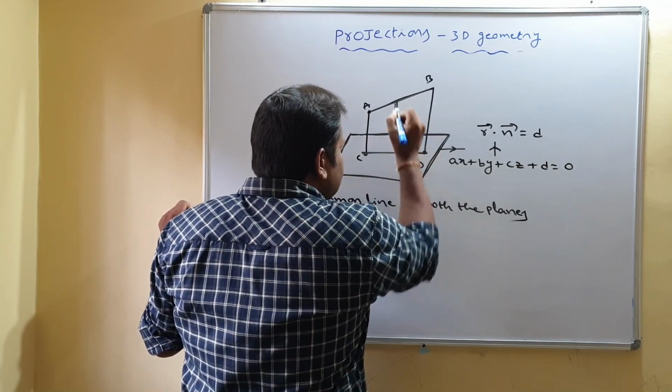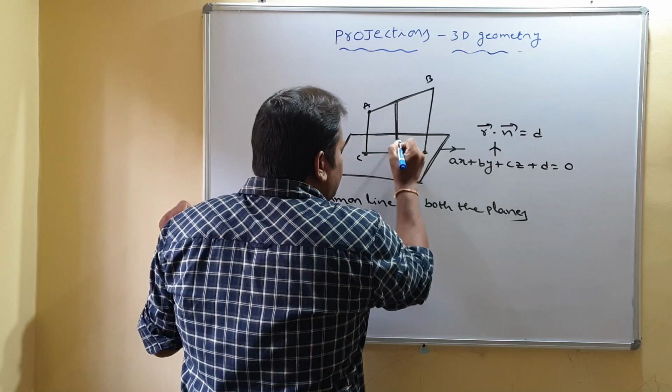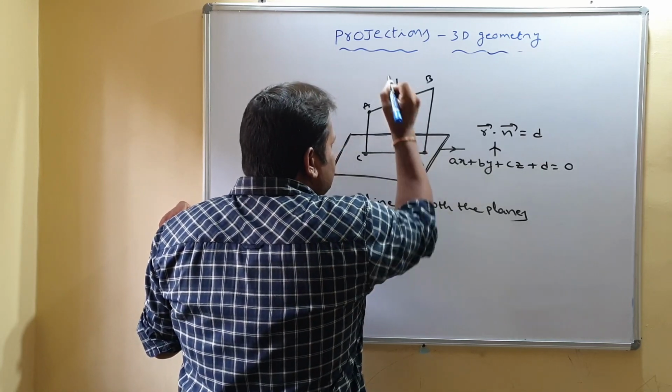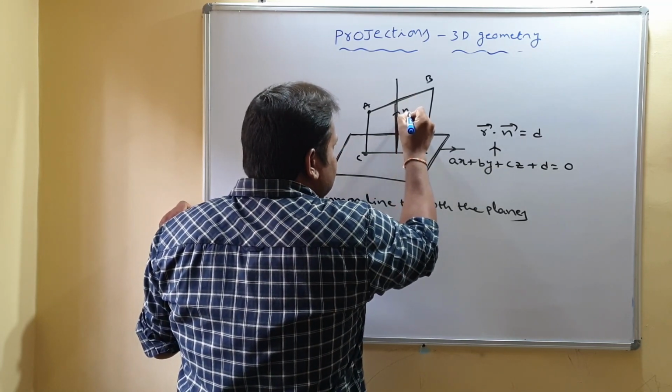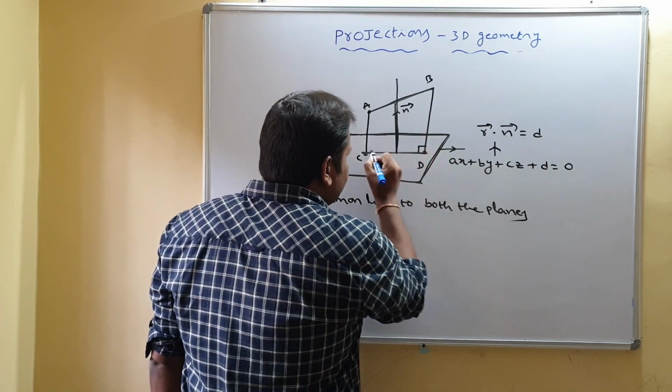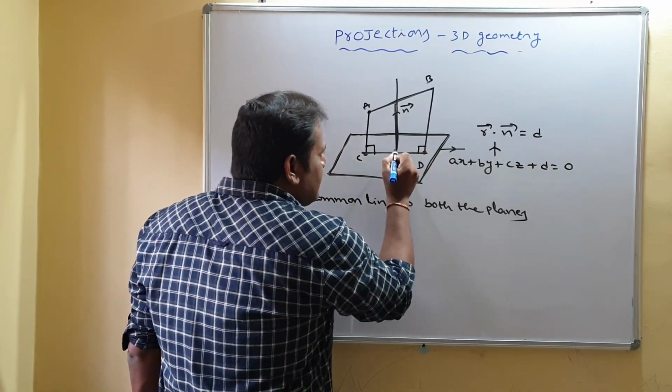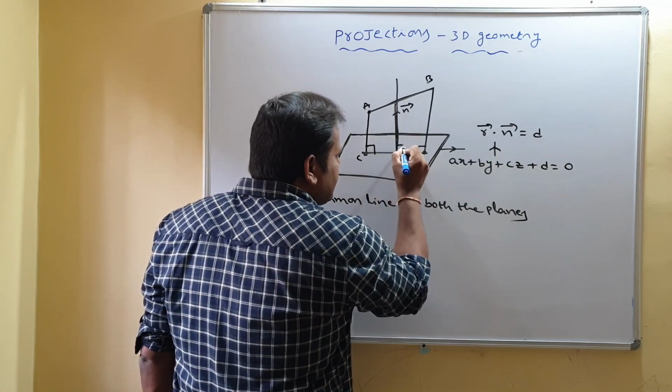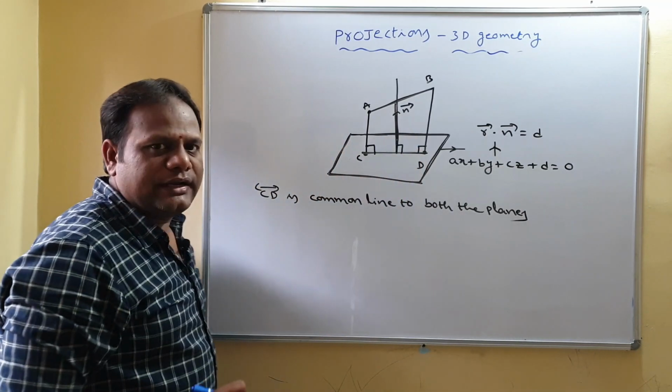So this vector is the n bar vector. Already you know this is 90 degrees, and it is normal, so it is also 90 degrees.